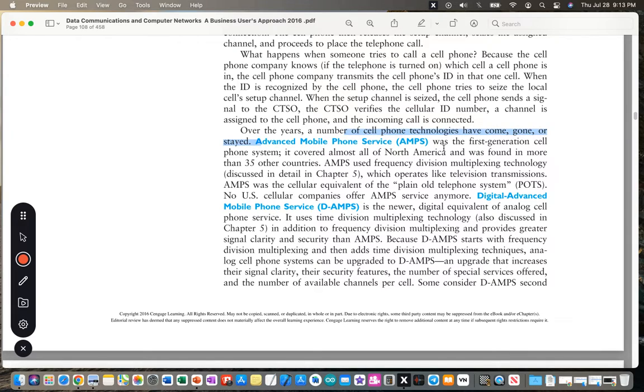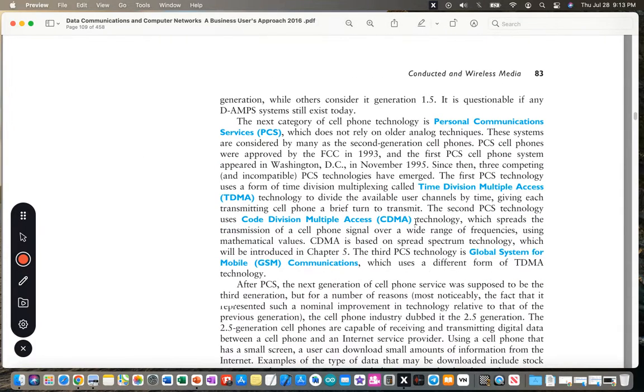This is the first generation. Of course, this is a US reference, so it shows US examples, the US companies. And if you read a book from a different source, you will see different examples.